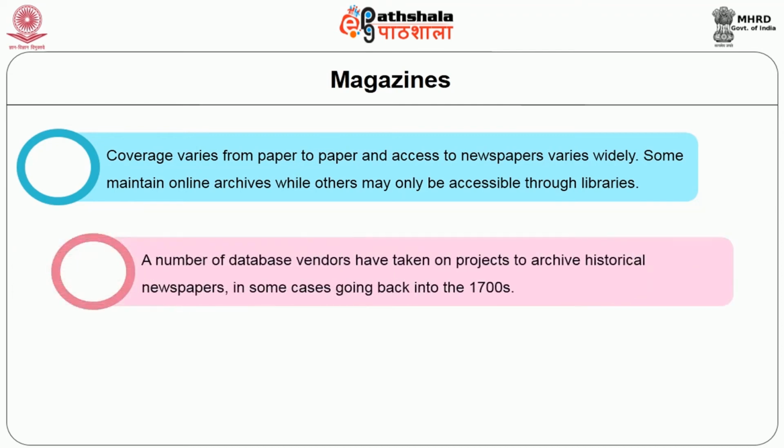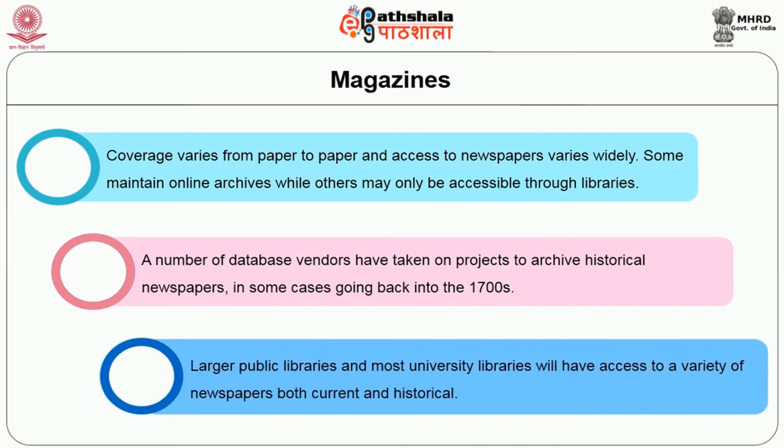A number of database vendors have taken on projects to archive historical newspapers, in some cases going back into the 1700s. Large public libraries and most university libraries will have access to a variety of newspapers, both current and historical.